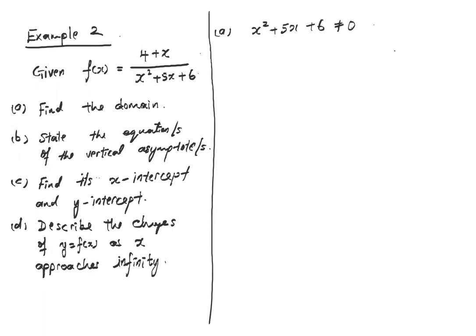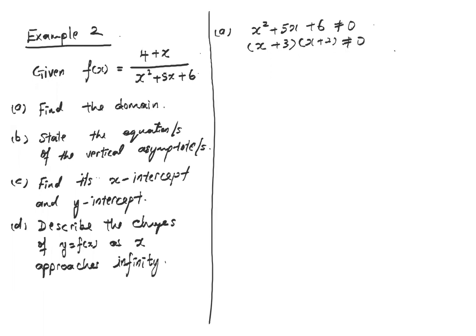The moment you see 5 and 6, 6 is 3 times 2, or 1 times 6. 1 times 6, you will get 7. 3 times 2, 3 plus 2 is 5. So x plus 3, x plus 2 cannot be equal to 0.